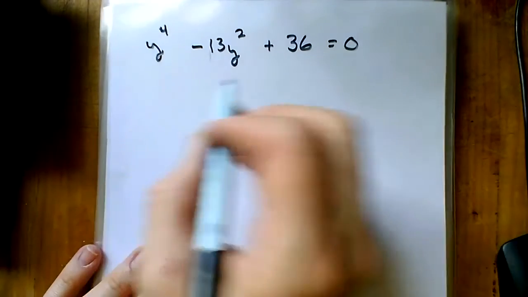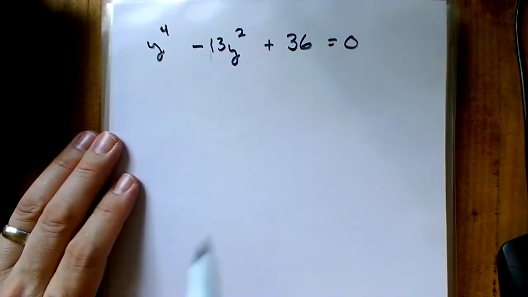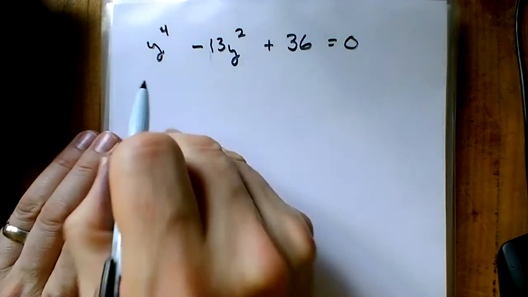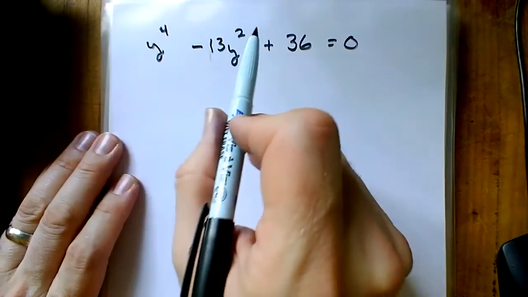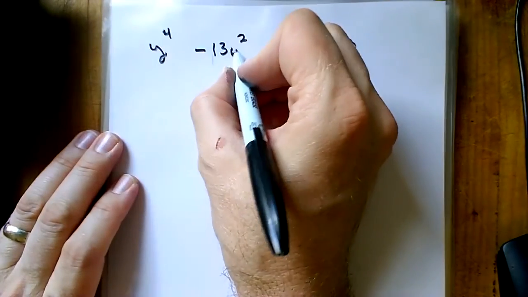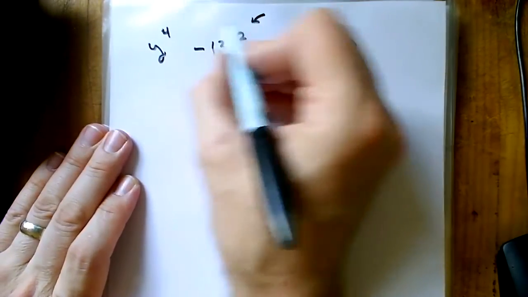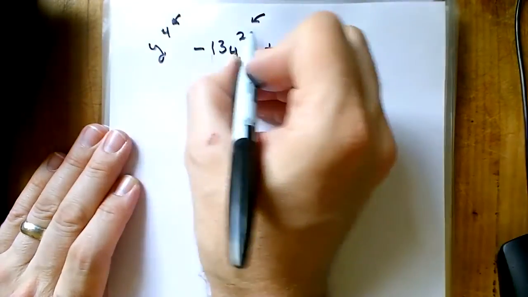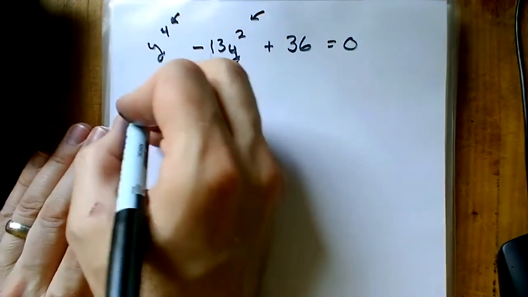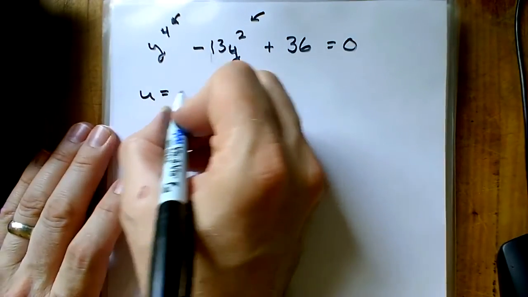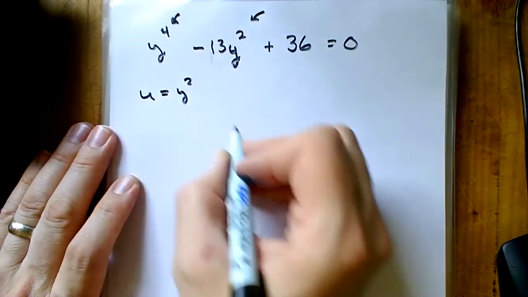Now, once again, we're going to use a substitution and this one's a little bit harder to spot, except that we notice that my exponents here, one is double the other. So what I'm going to say is u is going to be equal to y squared now.